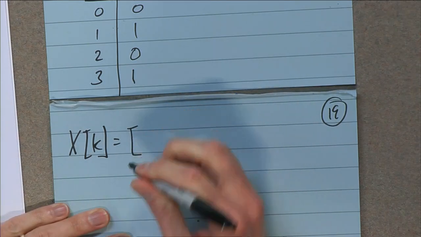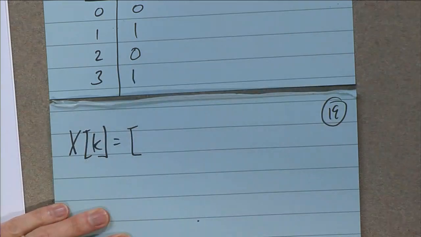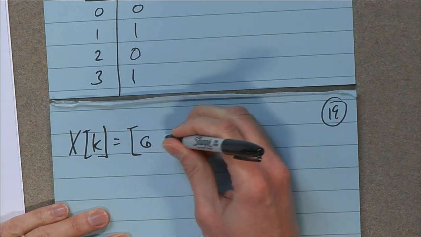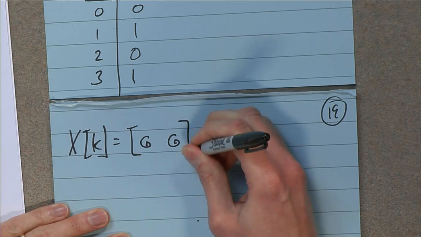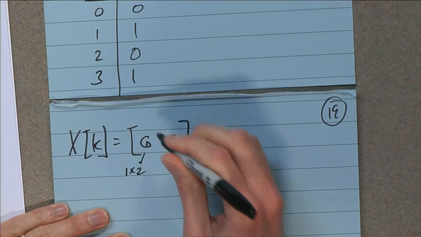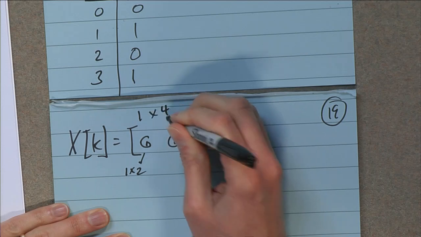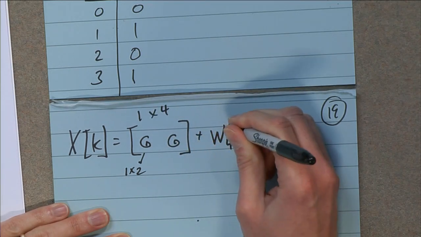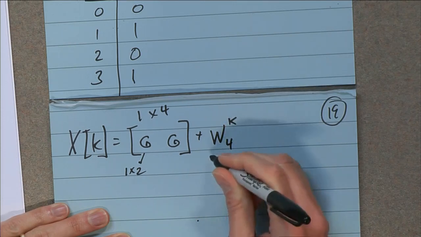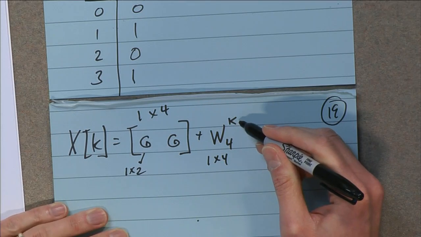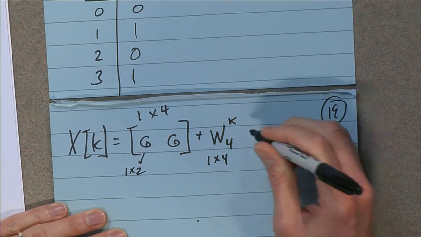Instead of writing down the g modulo 2k index, let's just say g of k. Each one of these is a 1 by 2, so this whole thing is 1 by 4. Plus, we've got our little kernel of stuff here, but that's also 1 by 4. Why? Because k goes from 0 to 3, so that's 4 elements.